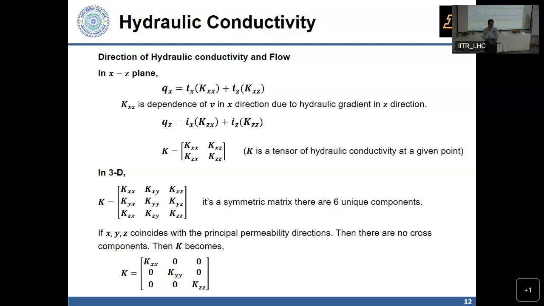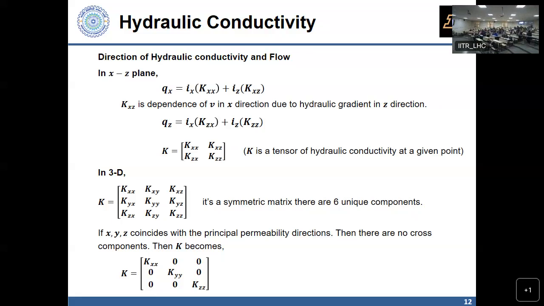Can I answer it? Yeah, go ahead. What happens if you take any arbitrary direction? V is equal to K times I. If you have an anisotropic K, and you are taking a different direction, the resultant V will not be in the direction of I. It will deviate from I. But we know that the flow will take place only along the direction of the gradient.